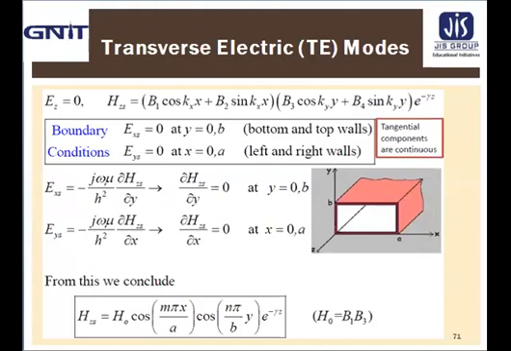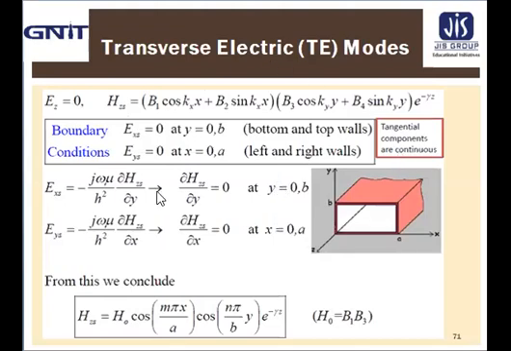If we set Ez equal to 0 and determine the other field components, Ex, Ey, Hx, Hy and Hz from the previous equations, and apply the boundary conditions which we have done for the TM mode, then we can find all the other field components.